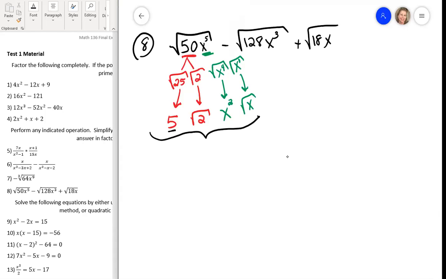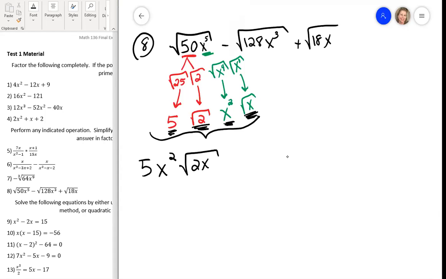So the 5 and the x squared, those actually came out from under the radical. So you would write that as 5x squared. And then the square root of 2 and the square root of x, which are both under the radical, would stay under the radical, but I would just use one radical. So that's how I got 5x squared times the square root of 2x for that first one.